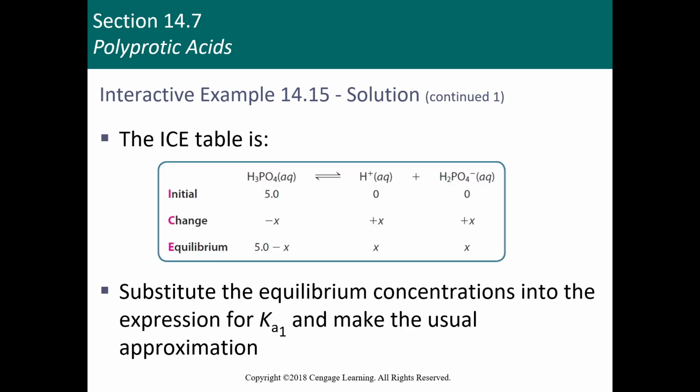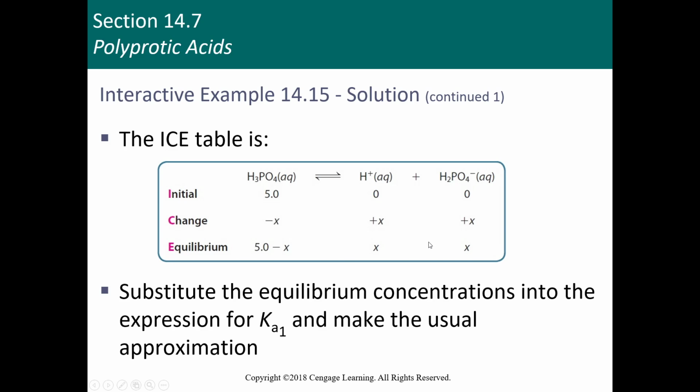We'll set up our ice table. We start with our initial concentration of 5. We're going to change it, so we're going to use up some amount of that, which gives us 5 minus x. Again, this x is going to be so small that we can go ahead and just use 5. Right here, we only make this amount that we use up here, and so that's going to be x, because that's all we're going to make.